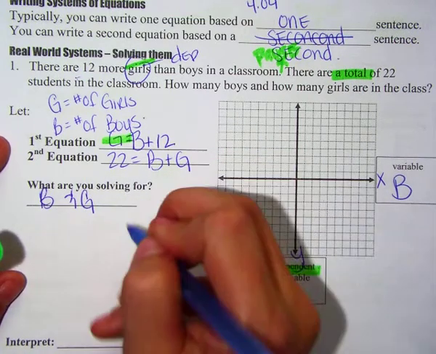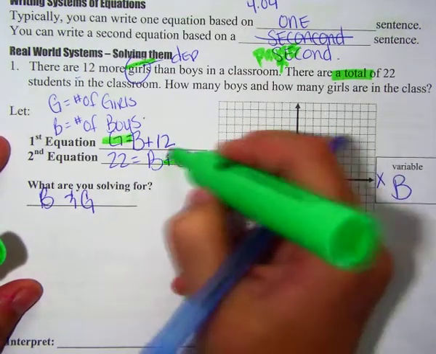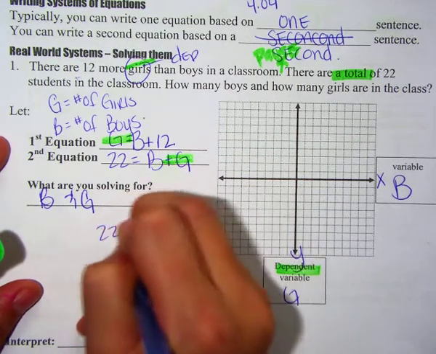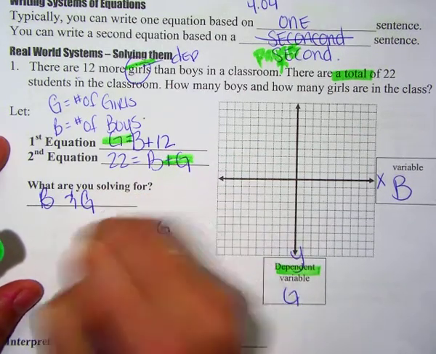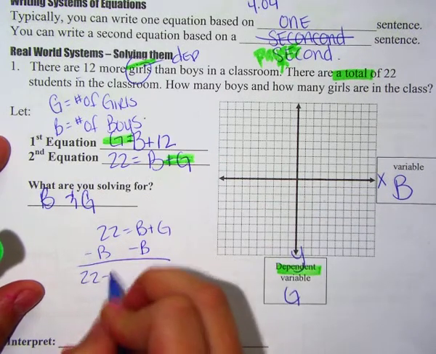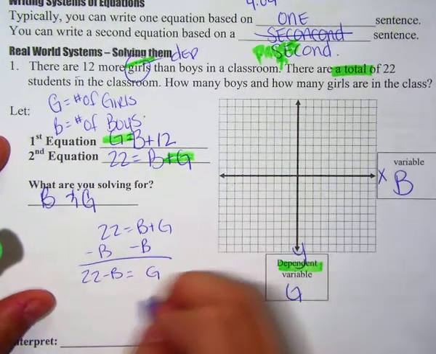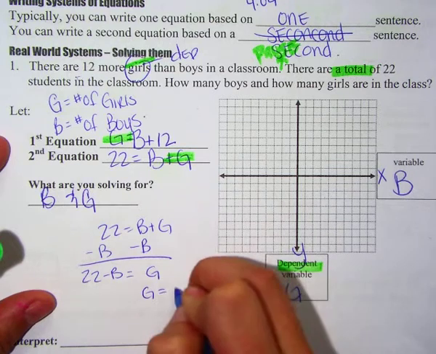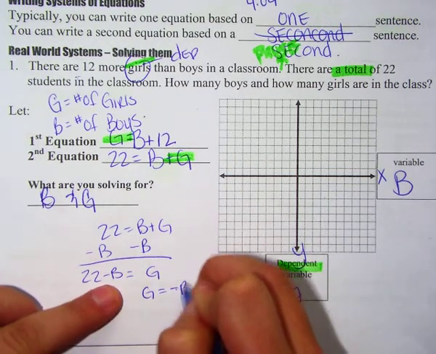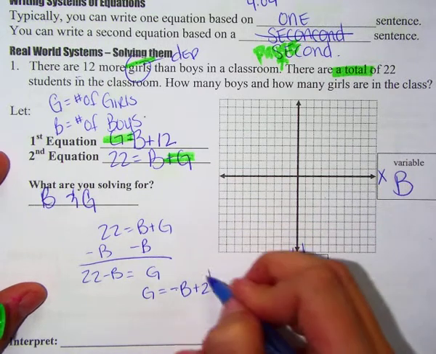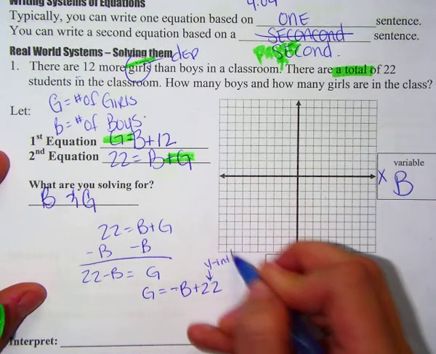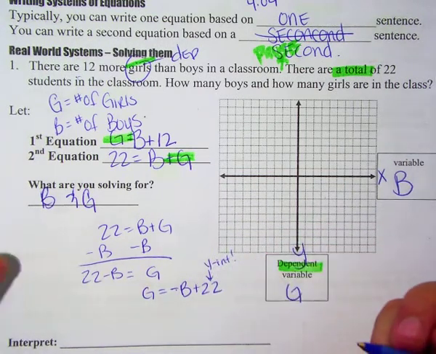Let's isolate G first. 22 equals B plus G. Subtract B. 22 minus B equals G. Flip it around. G equals, I'm going to write negative B first, plus 22. So my y-intercept is 22. That's really big.